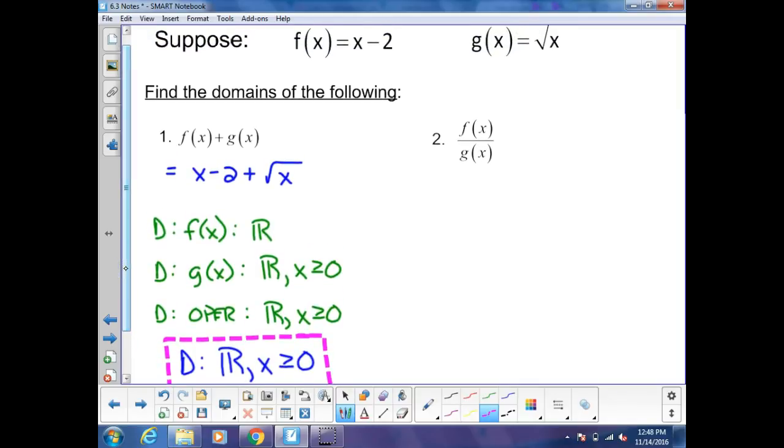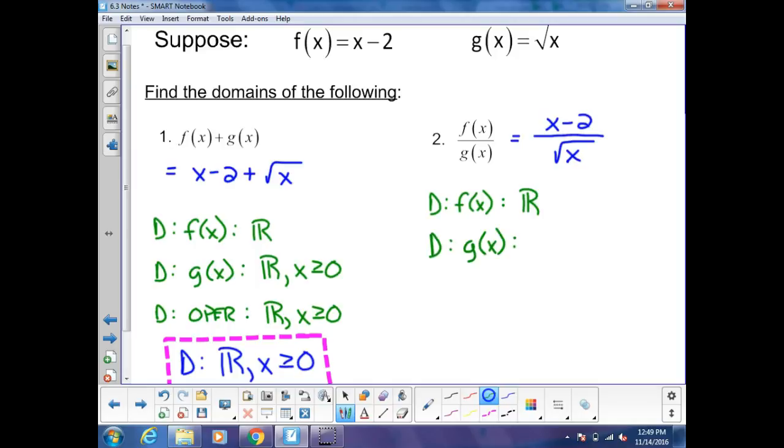Okay. So there's my function. Nothing can be simplified. Domain again of f of x is all real numbers. The domain again of g of x is all real numbers, but x is greater than or equal to 0.